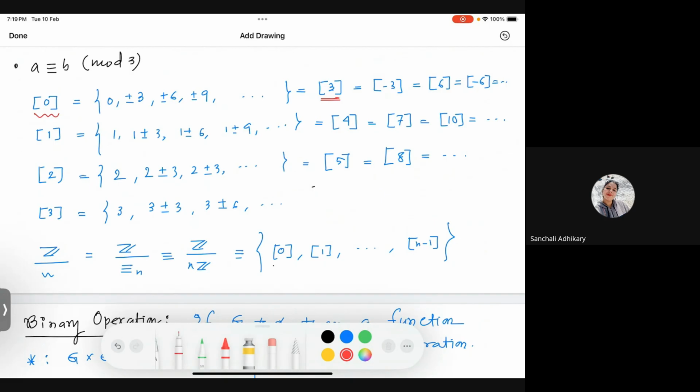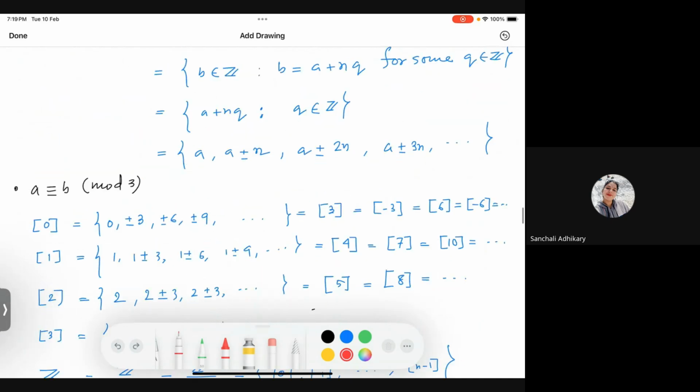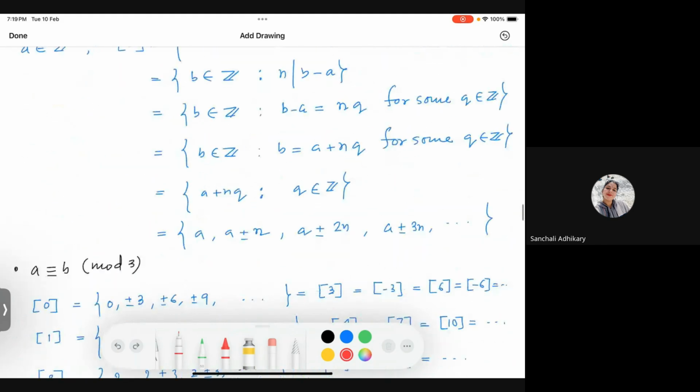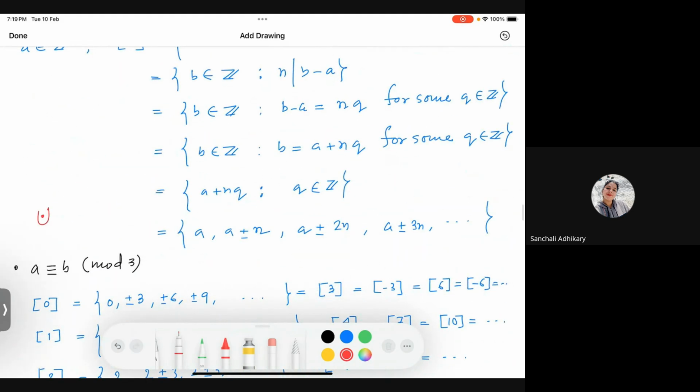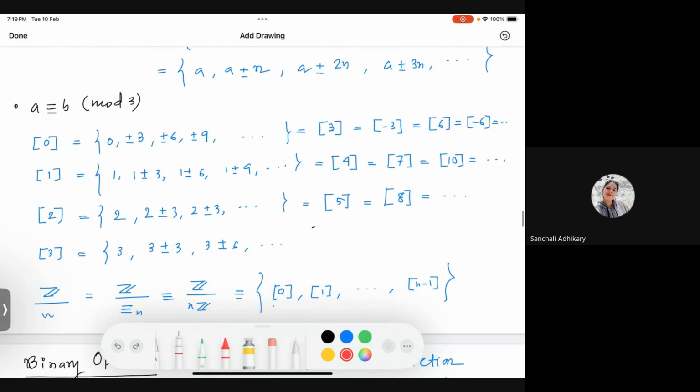Similarly here you can put 0 or anything from this set which represents the whole class. So 0 is nothing but a monitor, right? So what is the meaning of this symbol? It means you cannot take 0 and 3 together because those are equal, right?